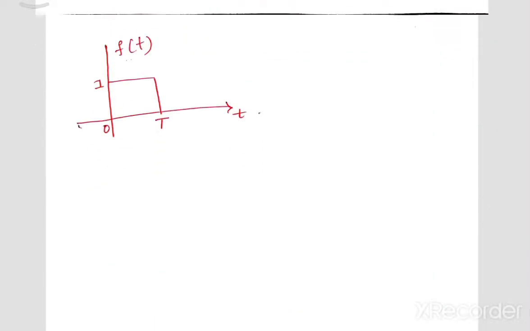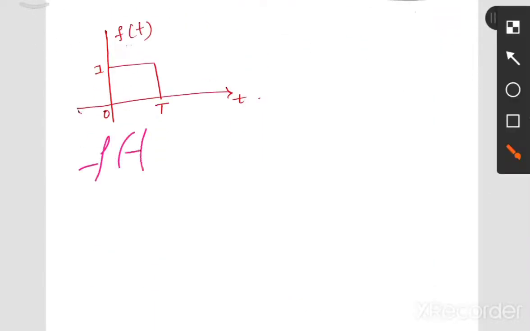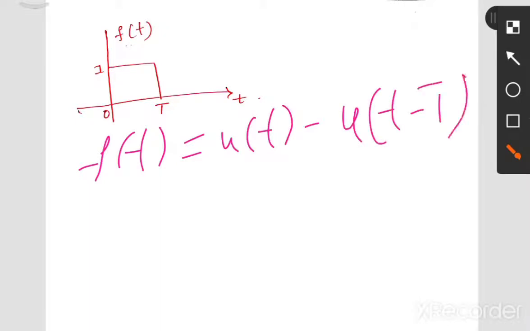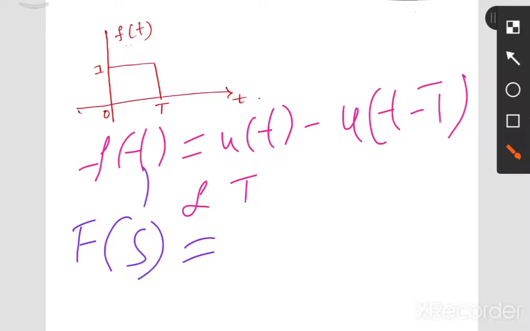In the graph, for t less than 0 on this side, the magnitude will be completely 0. But for t greater than or equal to 0, from 0 onwards you will have a into t, indicated like this.